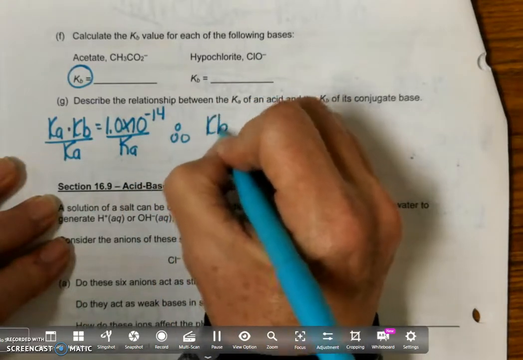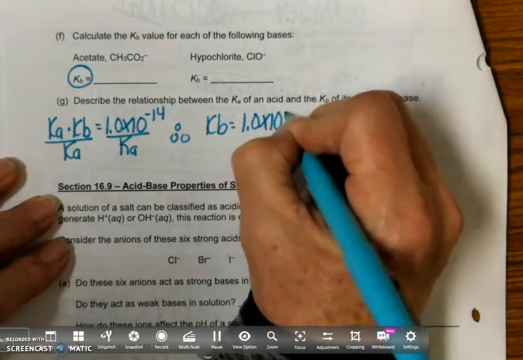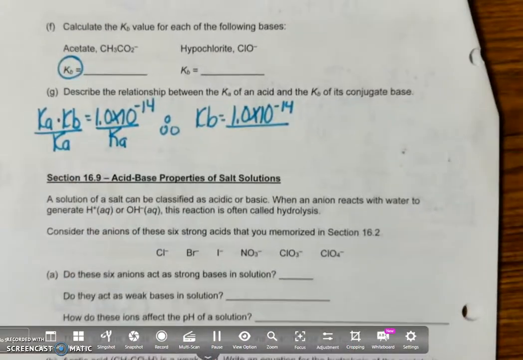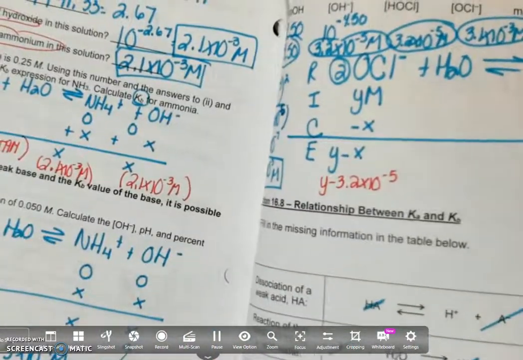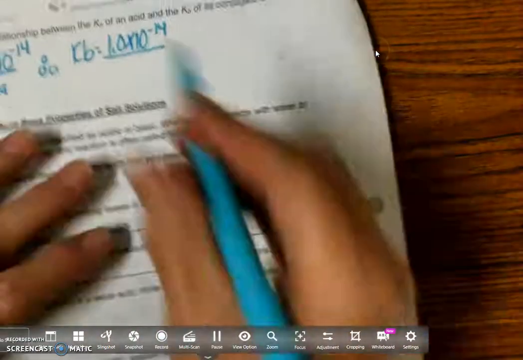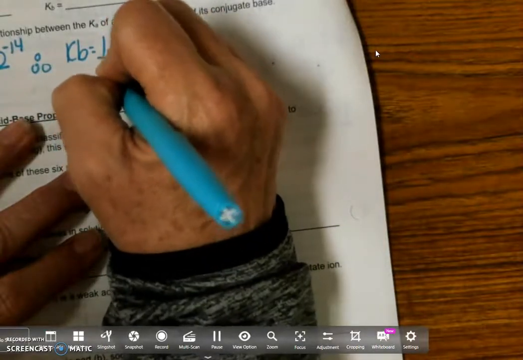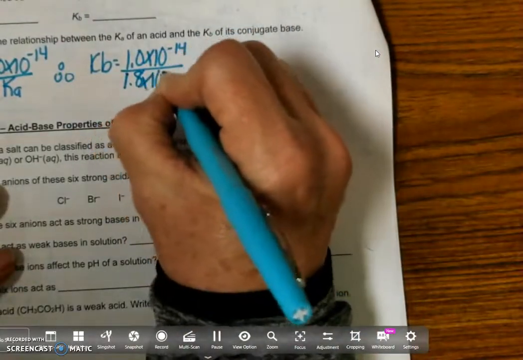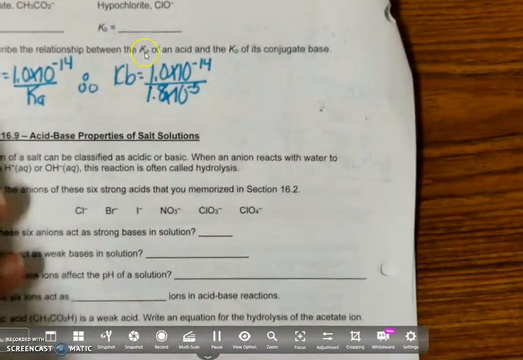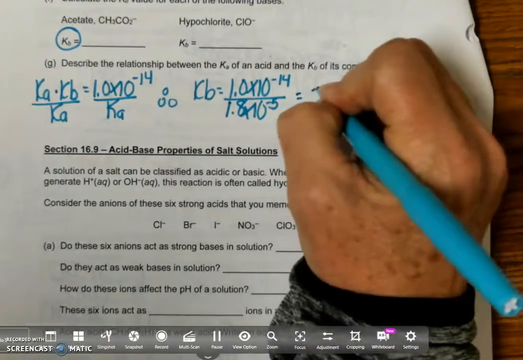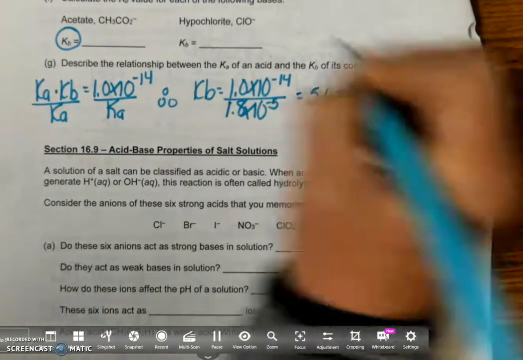Therefore, Kb is equal to 1.0 times 10 to the minus 14 divided by, in the case of acetate, what is my Ka? My Ka is what we have over here. That is the Ka of acetic acid. So I'm basically going to put that here. 1.8 times 10 to the minus 5. So I plug that in, and I get 5.6 times 10 to the minus 10.